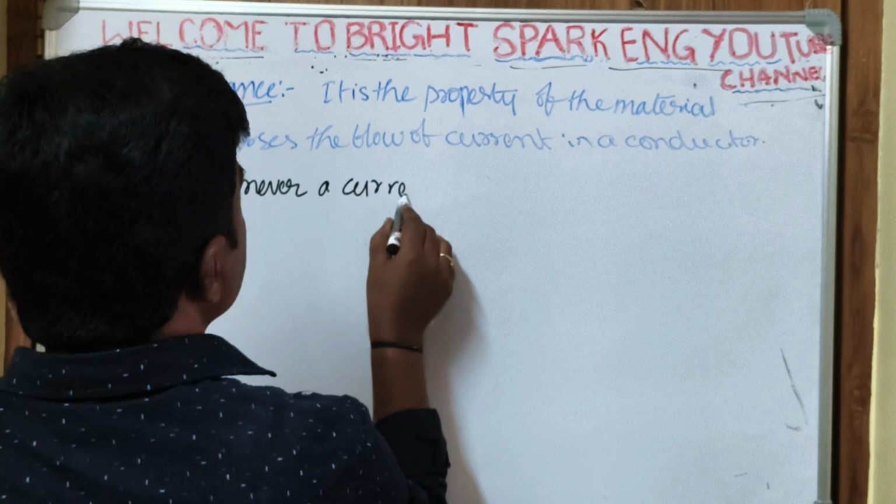According to Ohm, electric current density and the electric field both have a linear relationship. That is called J directly proportional to E. This is the linear property.